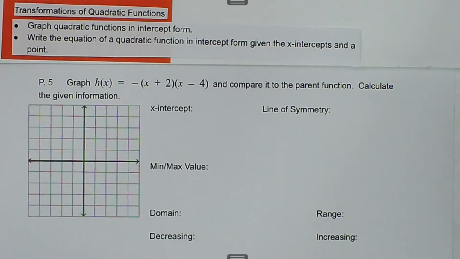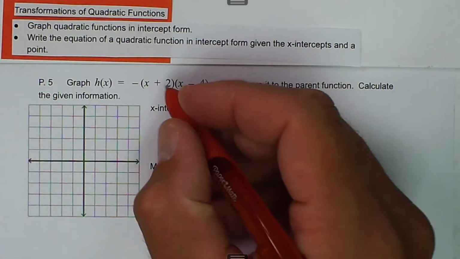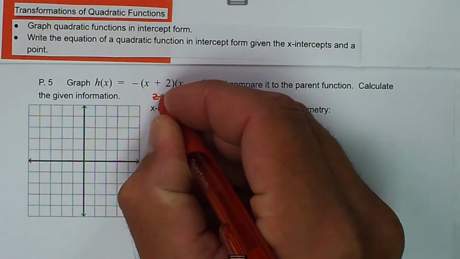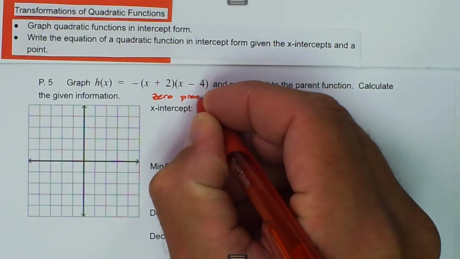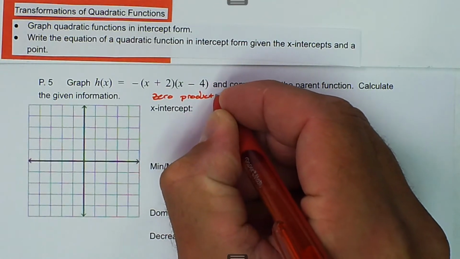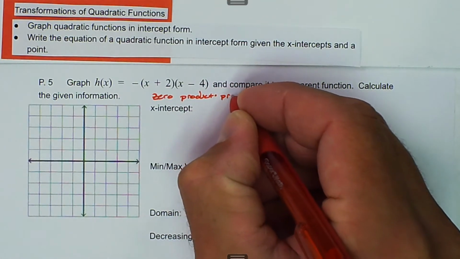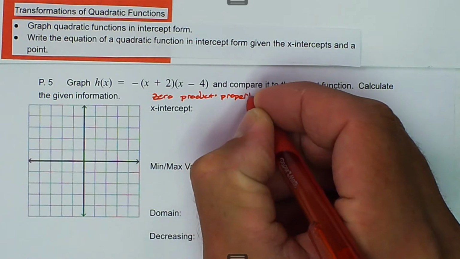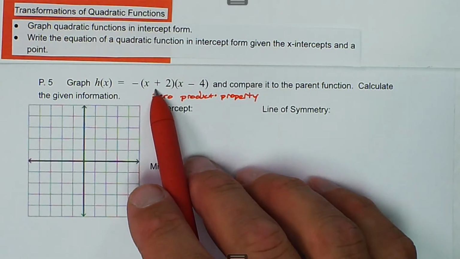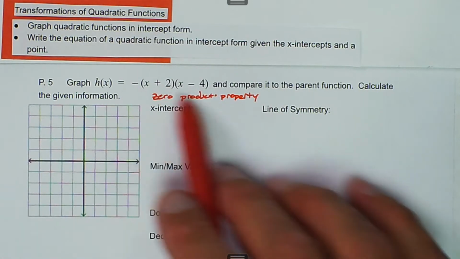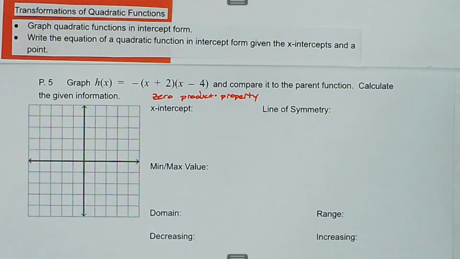So the first thing is we want to calculate the x-intercepts, and that is going to be from the zero product property. That just means if this is equal to 0 or this is equal to 0, then the whole thing is equal to 0.